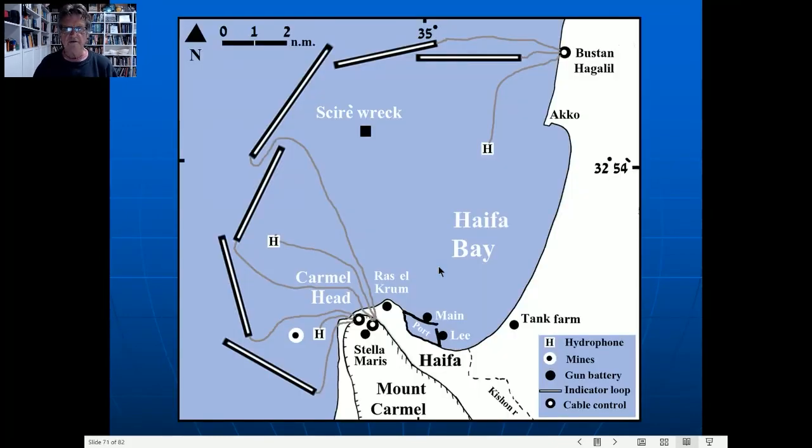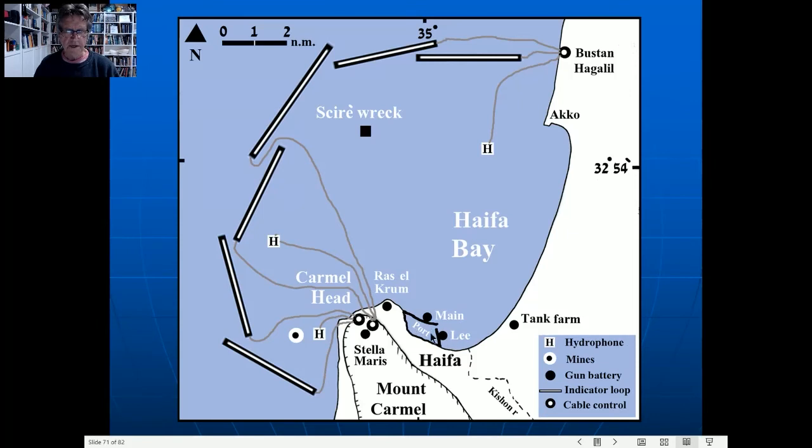Here's the Haifa Bay, and you can see there's the loops, 6 loops, each, like I said, 2 nautical miles each, so there's the scale there, and so they're about 4 miles each, roughly anyway. Okay, so that's the Haifa Bay, protected by the anti-submarine loops.